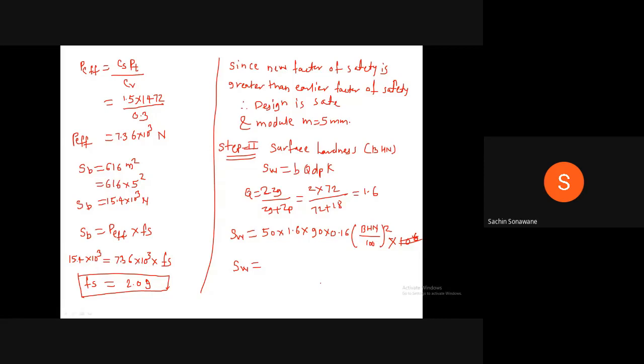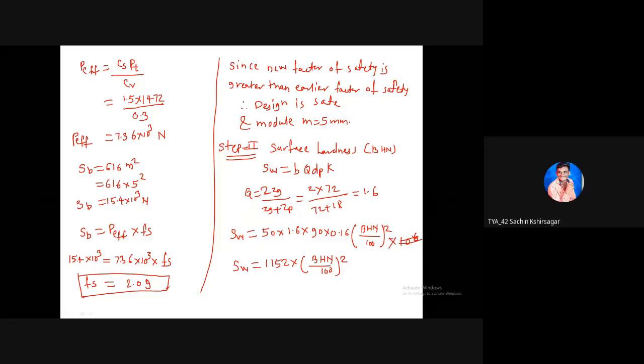How much is answer? 1152 into bracket BHN divided by 100 bracket square. Whether it is correct? Yes, sir. You are getting this value? Yes, sir. Don't multiply by 10 raised to 6. Here by mistake I have done.